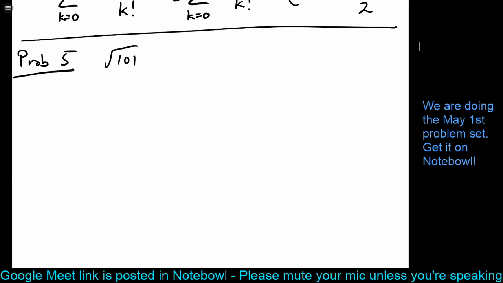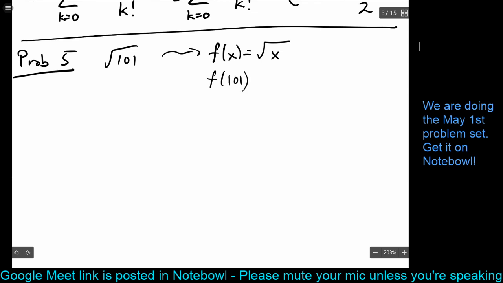This looks like we took f of x equals square root of x, and we plugged in 101. And then we want to approximate that. So let's look at different approximations of this.